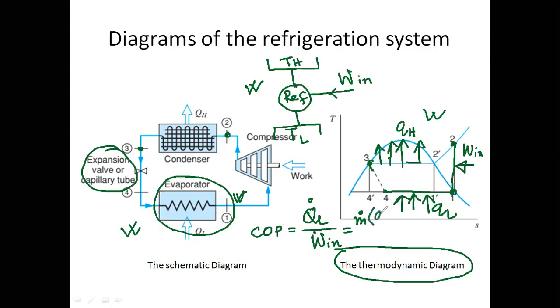So it will be m dot into small ql by m dot into small w in. Small ql is the heat absorbed per unit mass of the working fluid, that is refrigerant, and W in is the work input to the compressor per unit mass of the refrigerant.